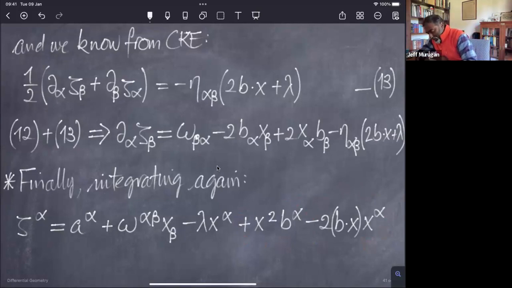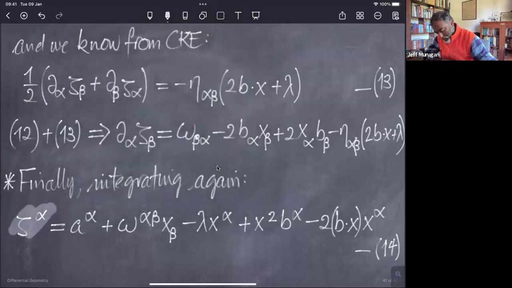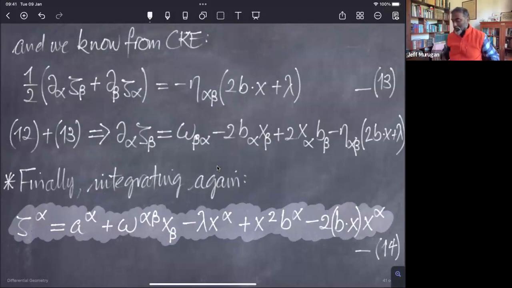And that's it. That's the solution of the conformal Killing equation. And the result is something that we call a conformal Killing vector. So now we have to unpack this Killing vector a little bit. Remember, the Killing equation tells us about the symmetries that it's trying to describe.